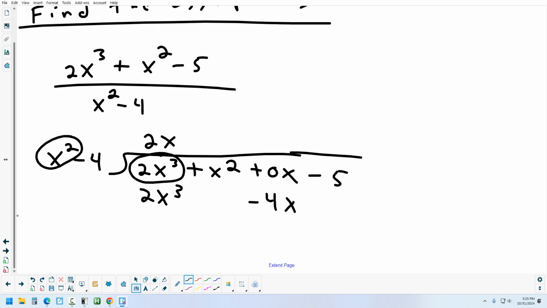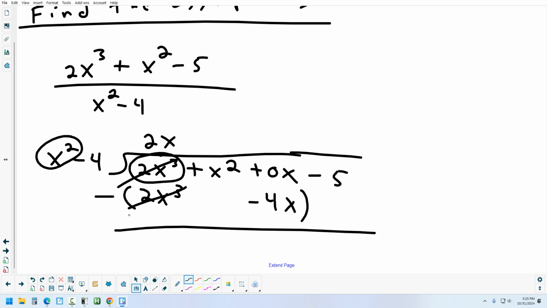And now what do we do with our columns? Subtract. 2x cubed minus 2x cubed is gone. What's x squared take away nothing? It's just x squared. And what about 0x take away negative 4x? 4x.